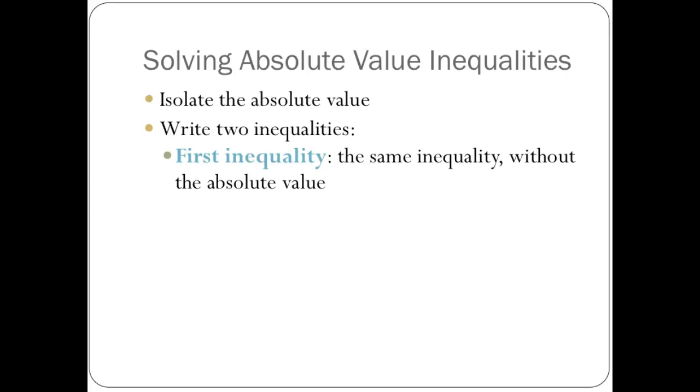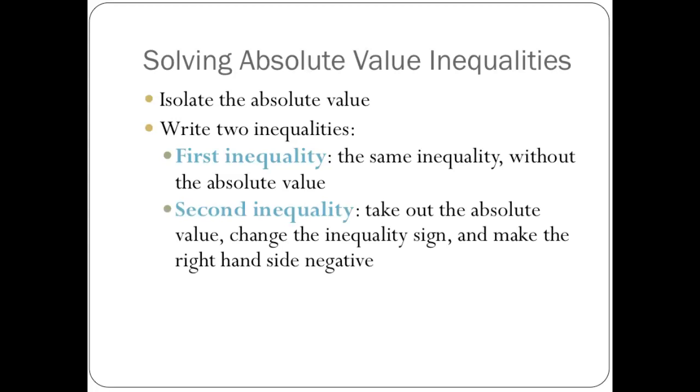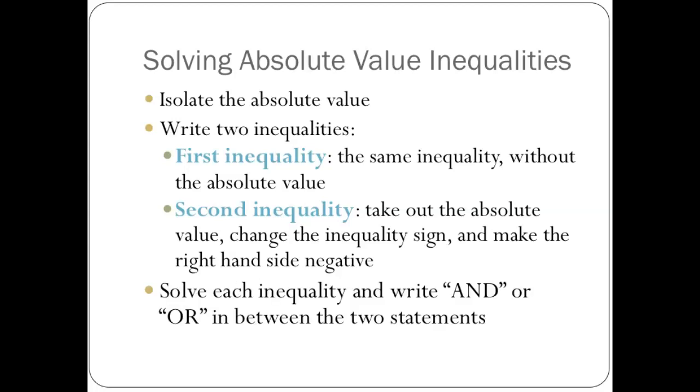And the second inequality, you take out the absolute value, you change the inequality sign, so you flip it, and you make the right-hand side negative, or the opposite. Now, after you've solved each inequality, you will write either an and or an or in between the two statements. To determine if it's an and or an or statement, you'll have to go back to the original inequality and see which form you have.